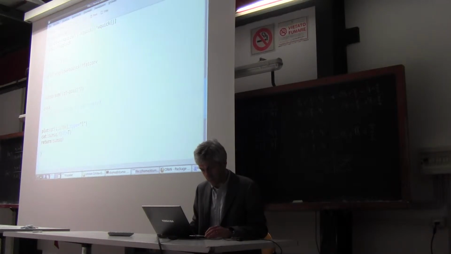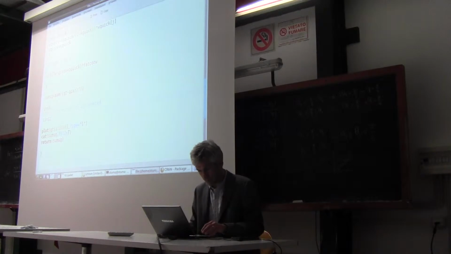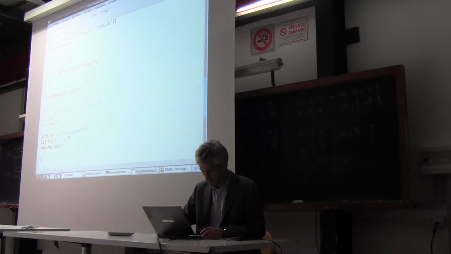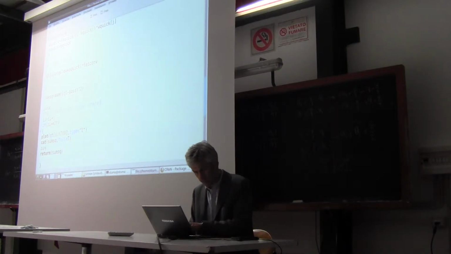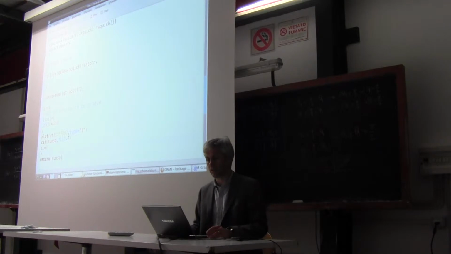and I can write II is equal to II plus 1, and then I can write if II equal 20, and then I need a curly bracket. Here I put II equals 0 and the curly bracket.